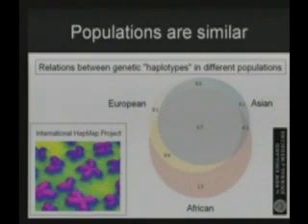In fact, it's such a good way that it was the basis of the so-called International HapMap project, where thousands of researchers around the world are constructing these haplotypes, examining the way in which they vary in populations and how they're related to different aspects of people who live in those populations.